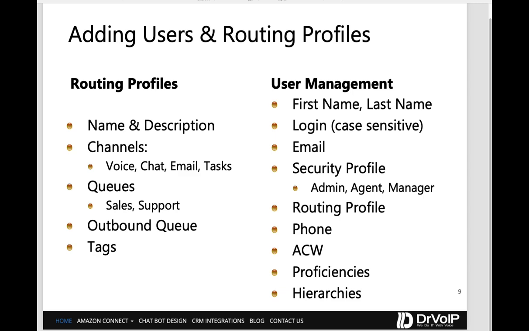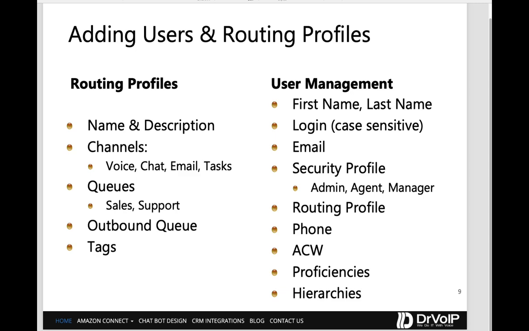Now, depending on the type of user database that was configured, you'll remember the discussion up front about local database versus SSO versus Google or Office 365. Usually in that case, your login is going to be generally an email address. But in our example here, we're going to have a first name, last name. We'll issue a login name.